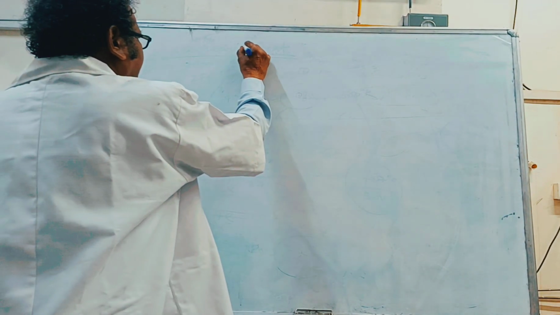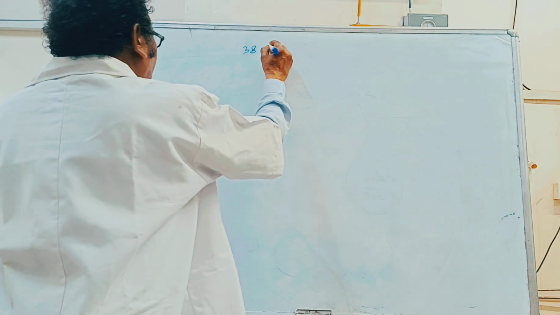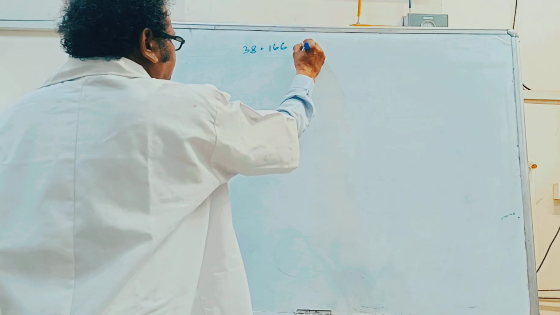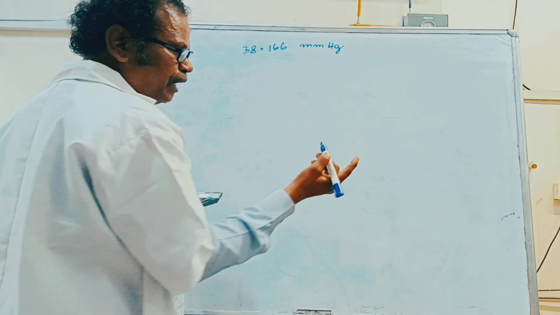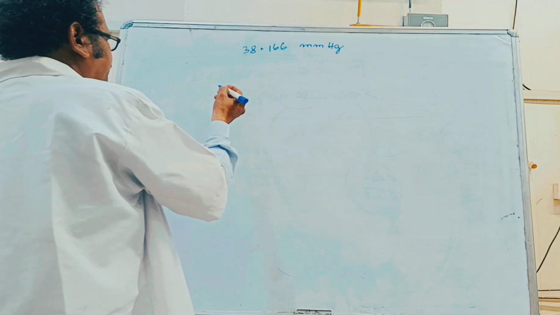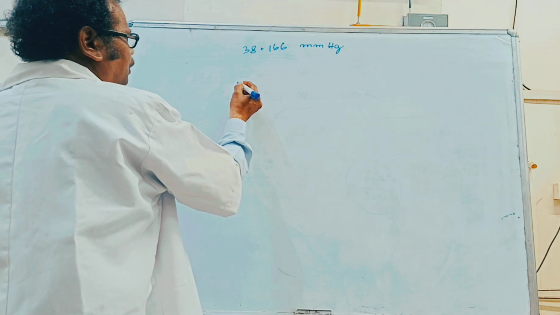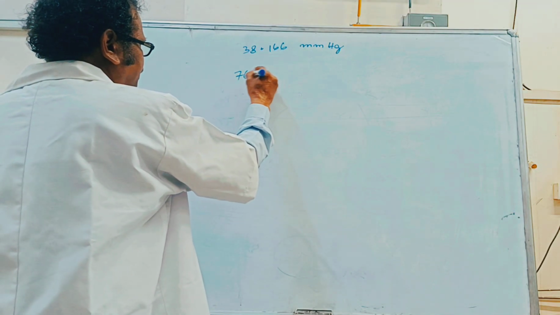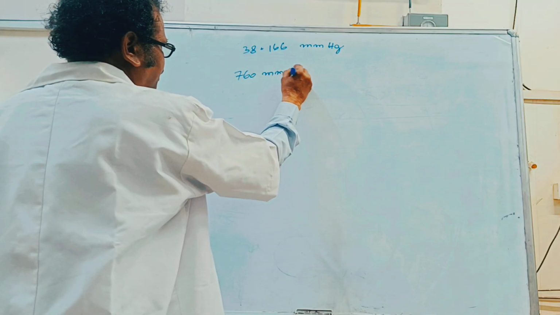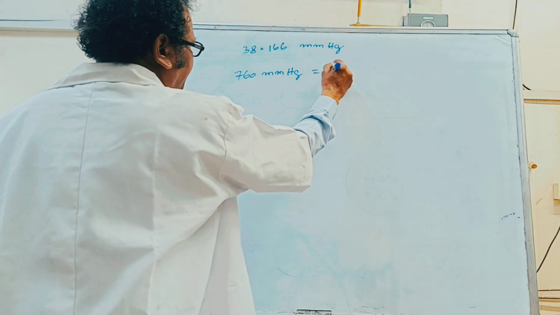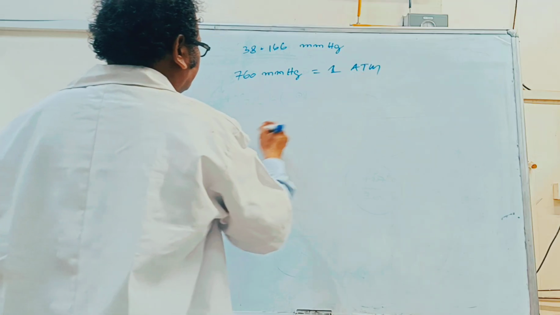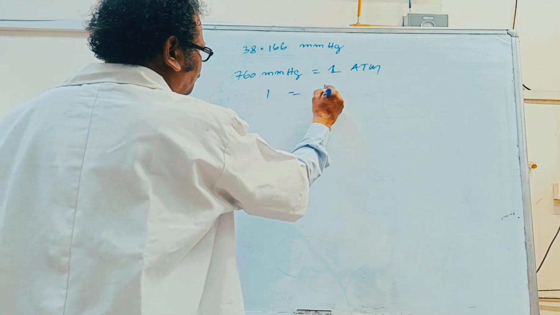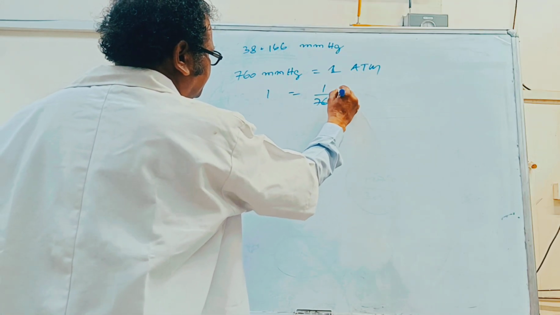Now it is 38.166 mm Hg, and we will convert it to atm. 760 mm Hg is equal to 1 atm, so 1 mm Hg is equal to 1 by 760 atm.